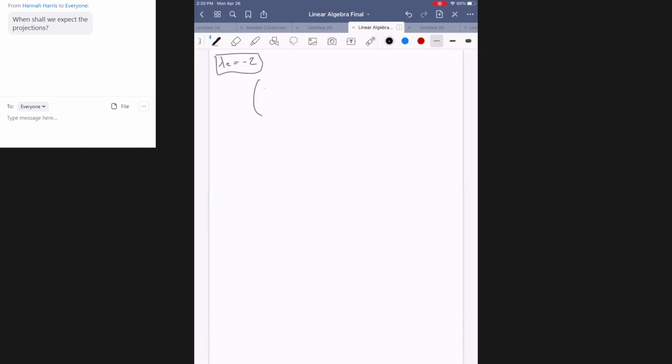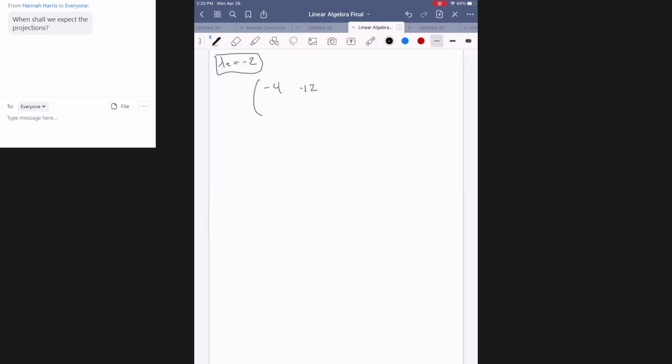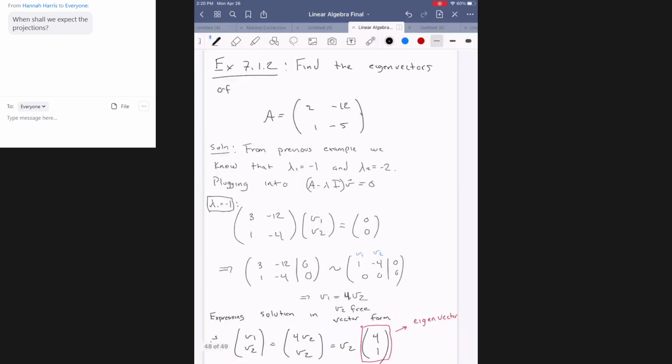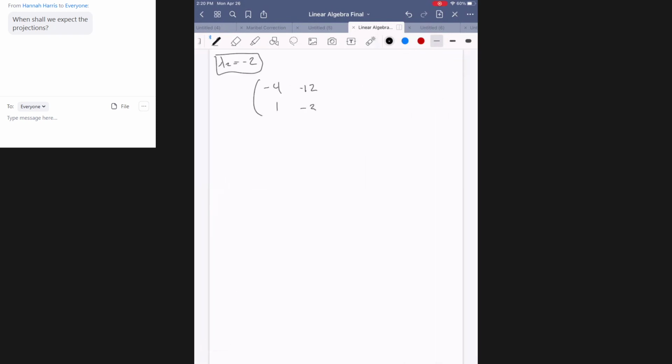So -4, 12, -12, 1, and then -5 plus 2 would be -3. You can just set it in augmented form already. RREF this, what are you going to get? Well, 1, -3, 0, 0, 0, 0.